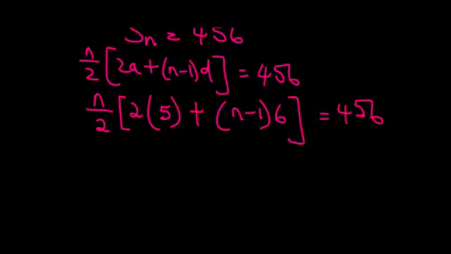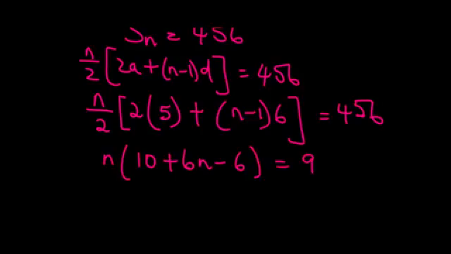So, if I'm multiplying n in here, I'm going to get a quadratic. So I'm going to get a lovely quadratic equation over here. I'm going to double it over there. n into 10 plus 6n minus 6 is equal to 912. It's double 456.